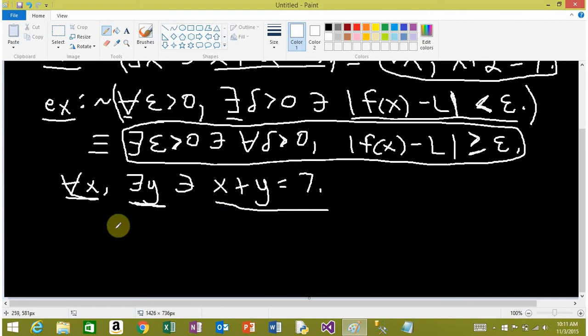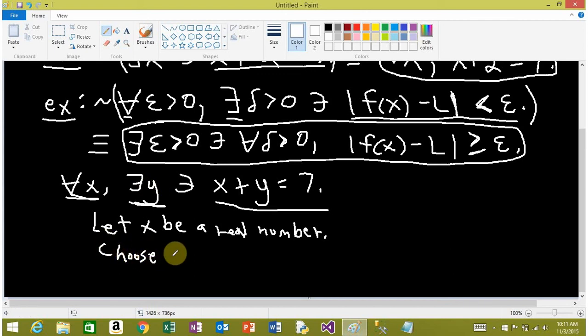So what we can do is say let x be a real number. And then since there exists a y, that means we can choose a y. Choose y equal to something that'll make this equation true, x plus y equals 7.